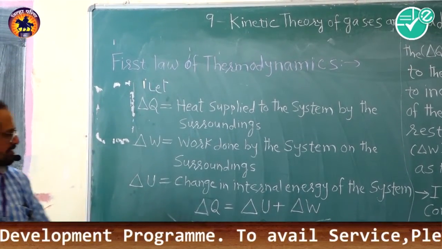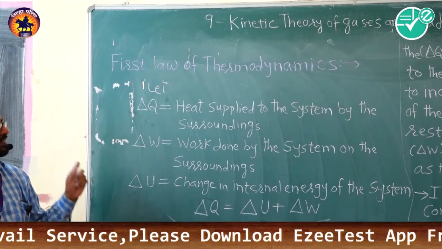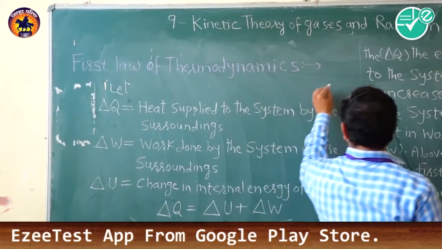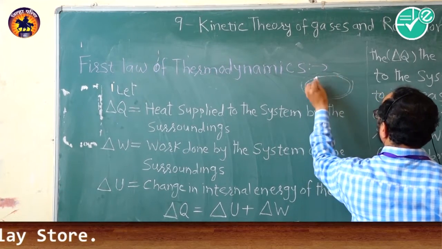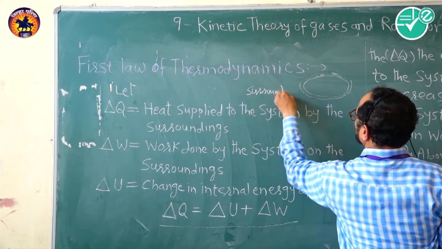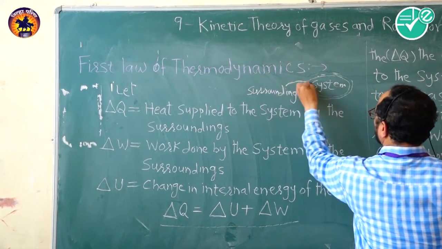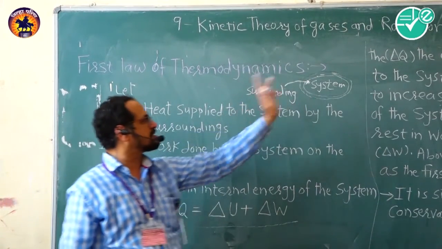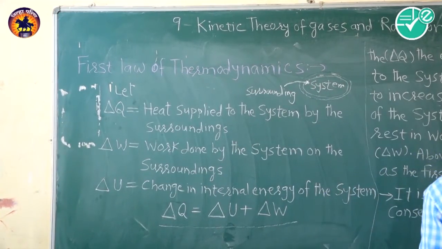Here delta Q is the total heat energy supplied to the system by the surrounding. As we draw the figure, this is the system which has the boundary, and this is the surrounding. From the surrounding to the system, the energy is supplied to this system, and due to that this system also has some amount of energy.